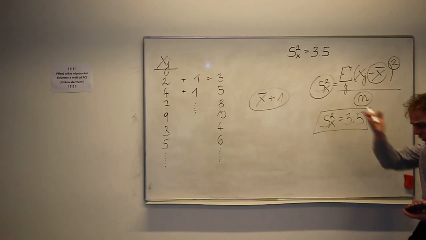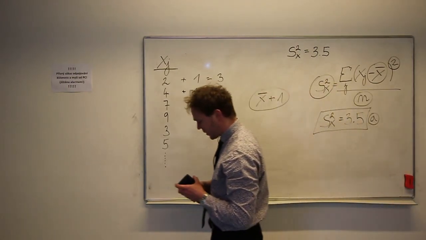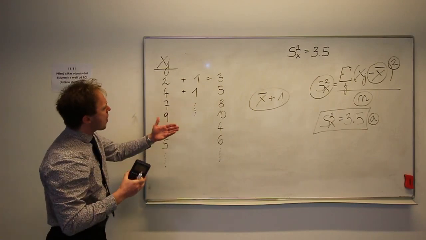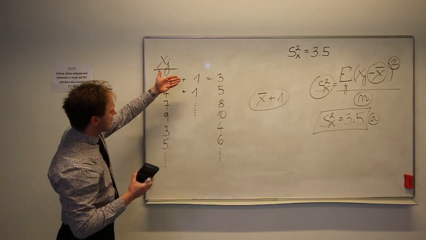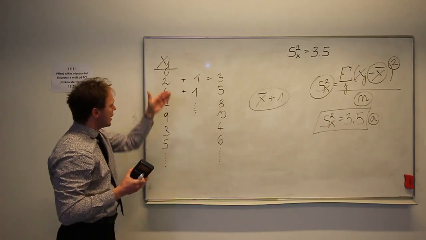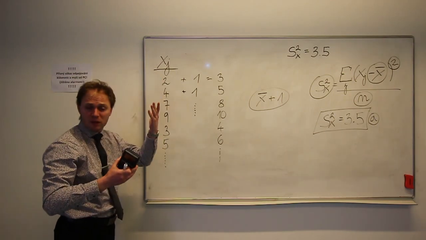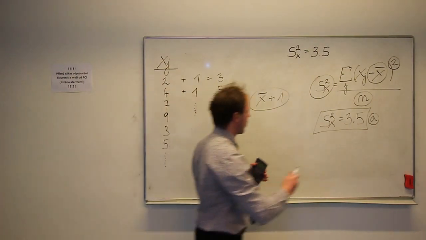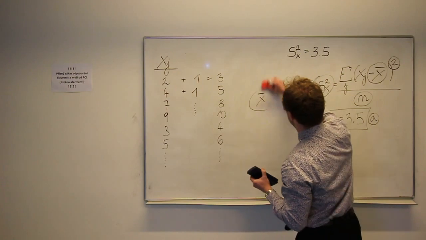A different situation is when the increase is not by a constant but is, for example, a multiplication. Each unit will be doubled, multiplied by 2. So I will delete this.